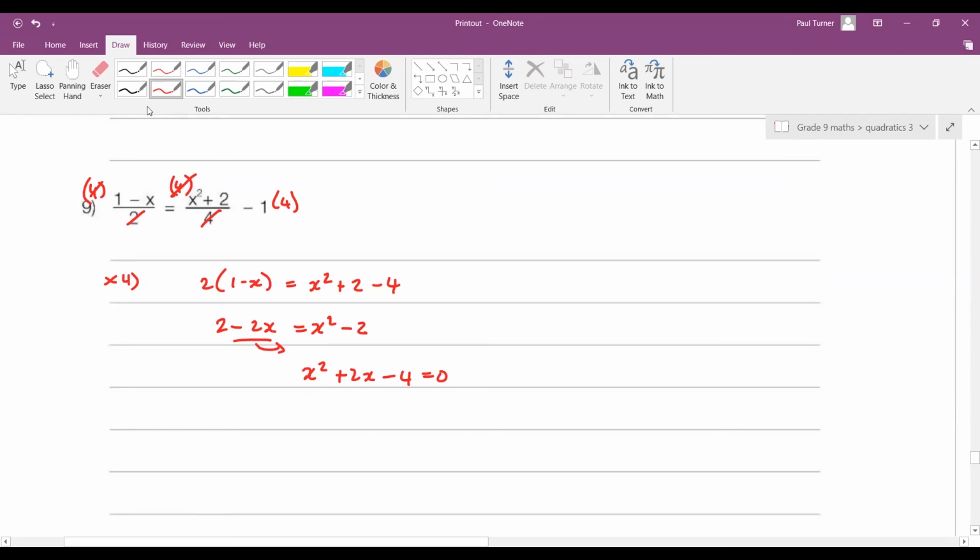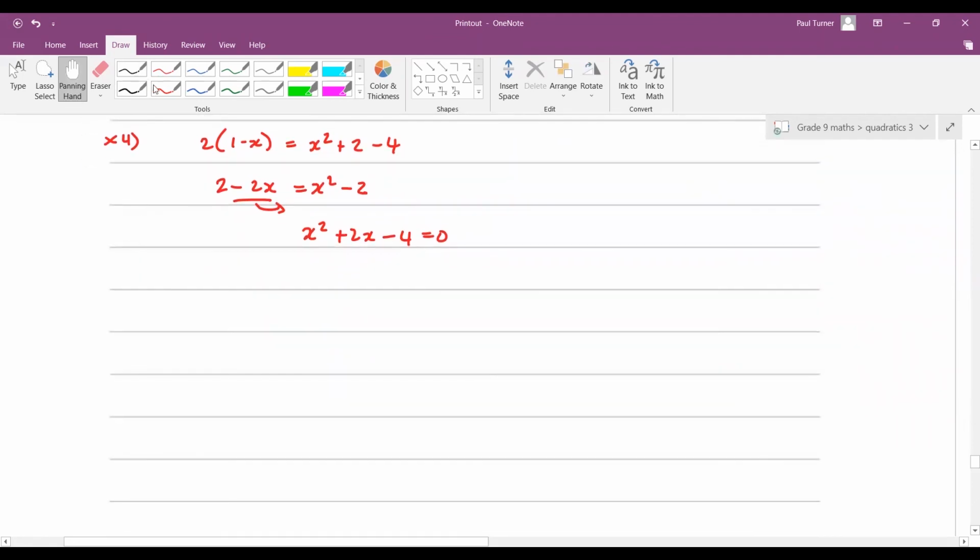So then we just use our quadratic formula. So we'll have x is minus b, so minus 2, plus or minus the square root of b squared minus 4ac, all on 2a, so 2 times 1.